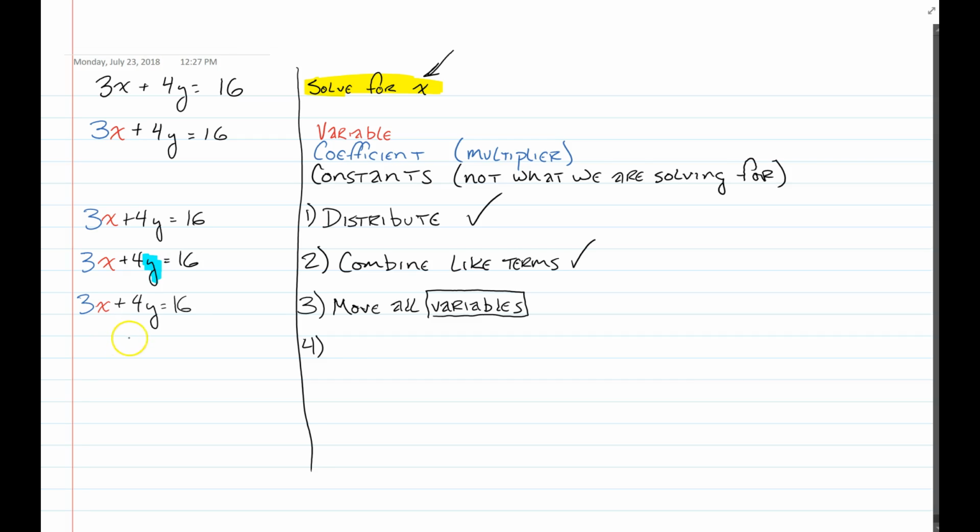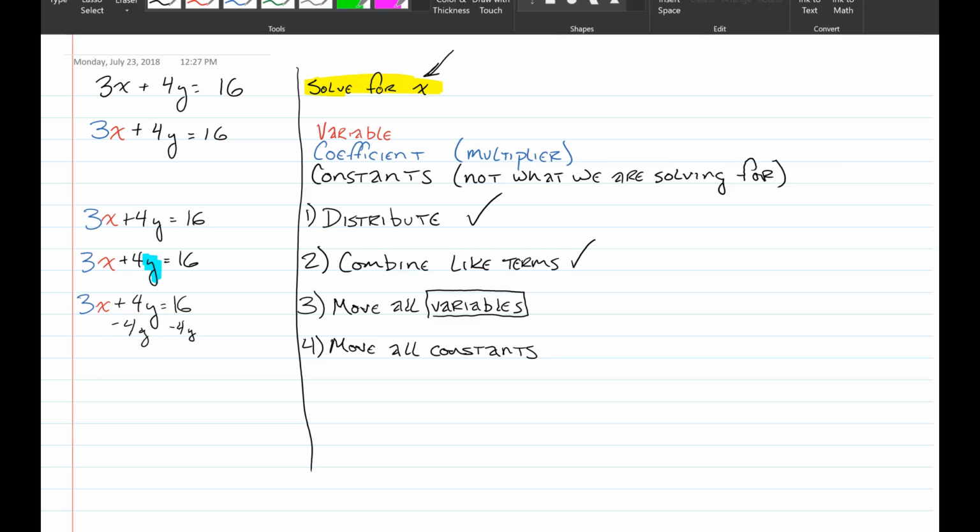So I need to move all constants away from the variable. So in this case, I'm going to say, okay, great, minus 4y from this side, and as we've already learned, whatever we do to one side of the equation, we have to do to the other.